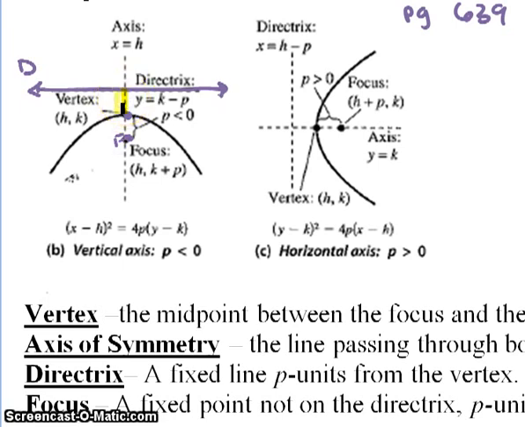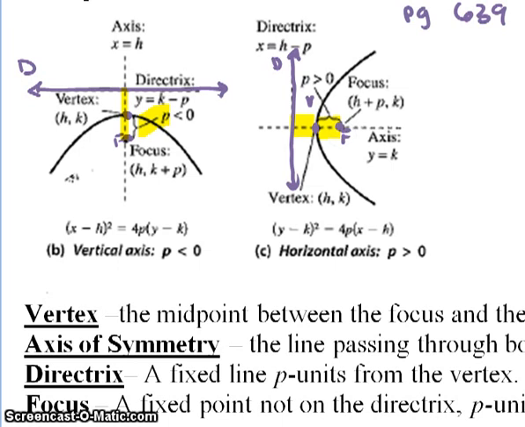So this distance, which I have highlighted in yellow, is equal to that distance highlighted in yellow, and each of those distances is called P. And the same thing here: this distance is P on the right hand side, and this distance is P, which is halfway between the directrix, which is a line, to the vertex, and then the focus. Okay, so those are the main things.